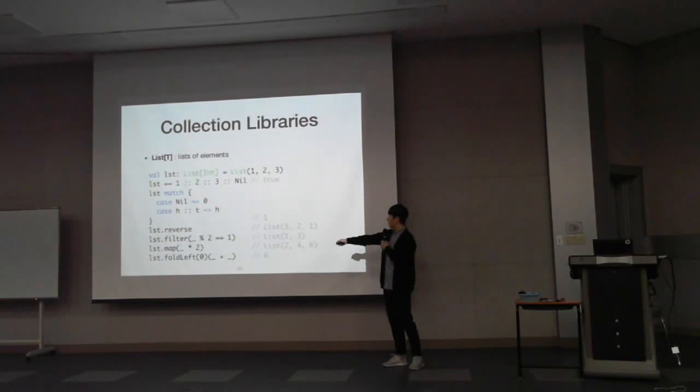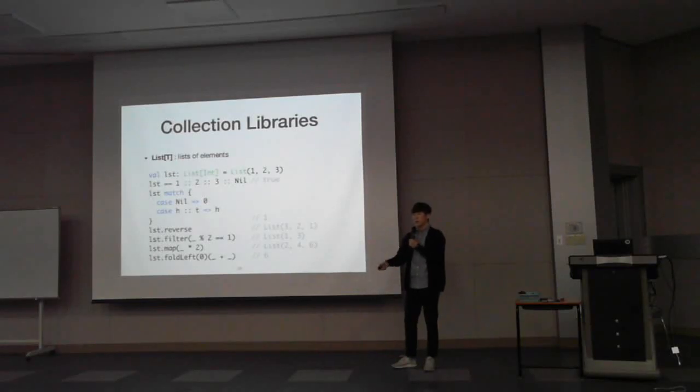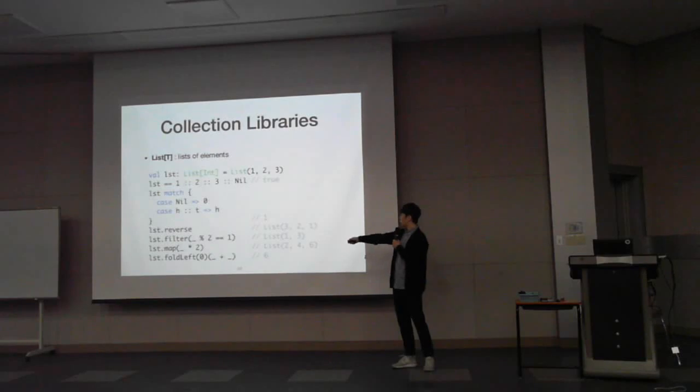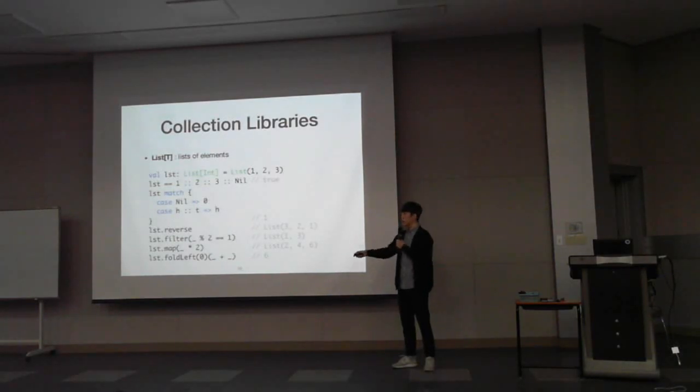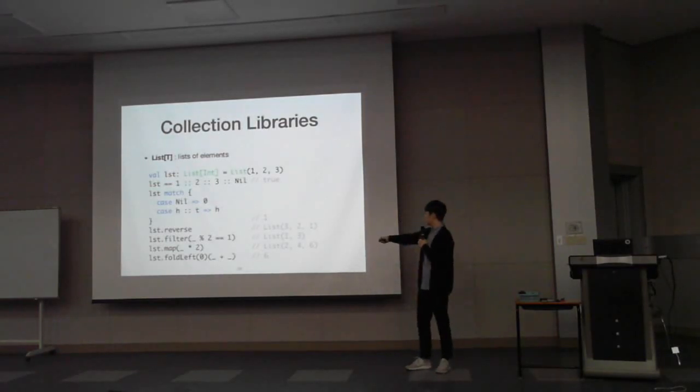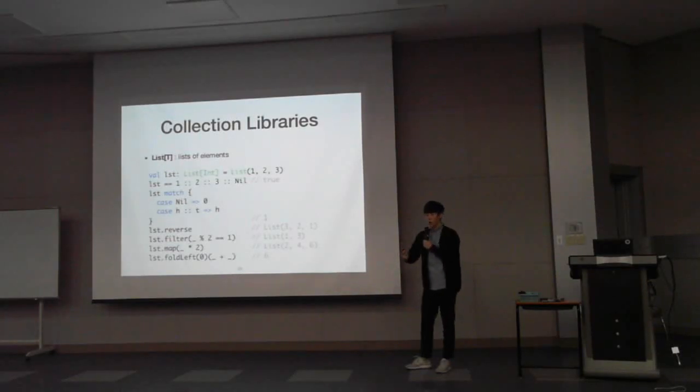The reverse function just creates another list object with reversed order. So if you call lst.reverse, lst will not be changed. It creates another list object, and the order is just reversed. And filter creates another list object with this filter.